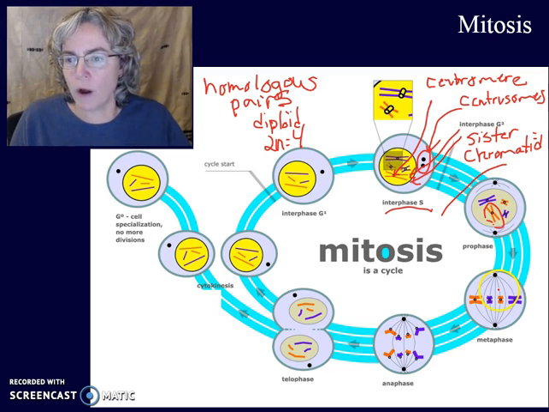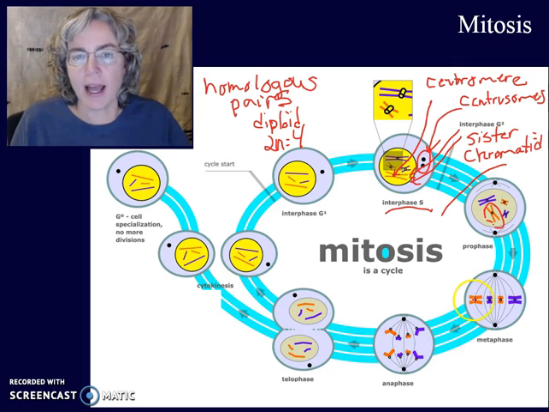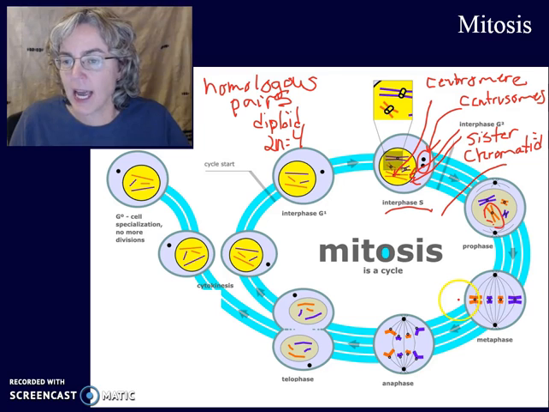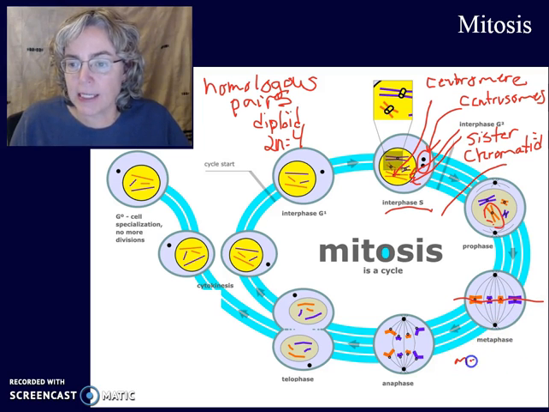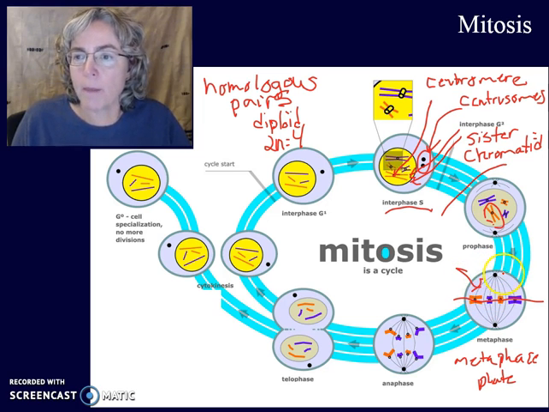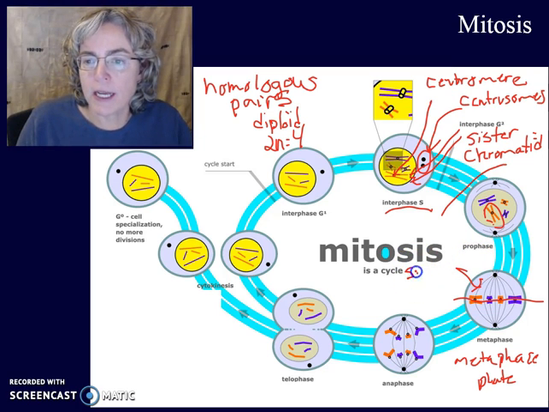Okay, now we move on to metaphase. And the defining characteristic of metaphase is that the chromosomes line up on what's called the metaphase plate. And these things that come out right here from the centrosomes are called spindle fibers.